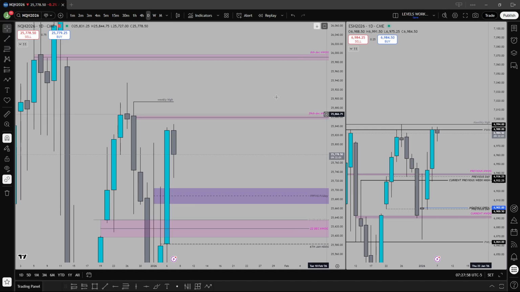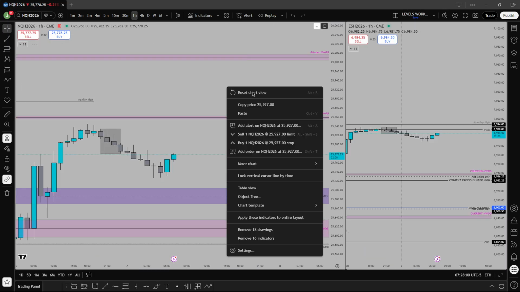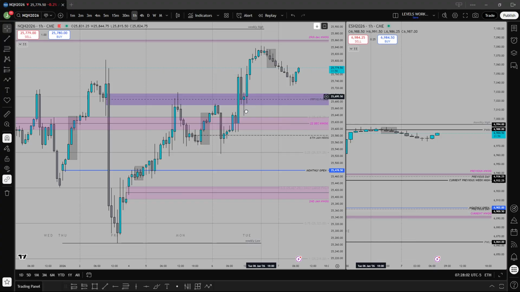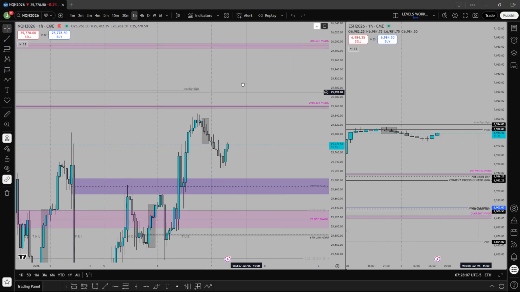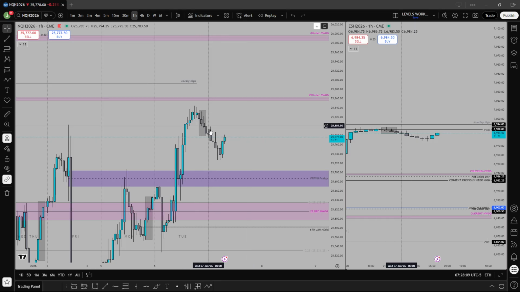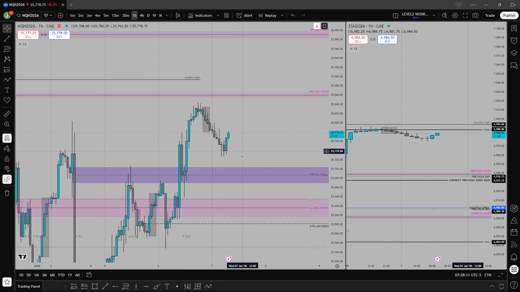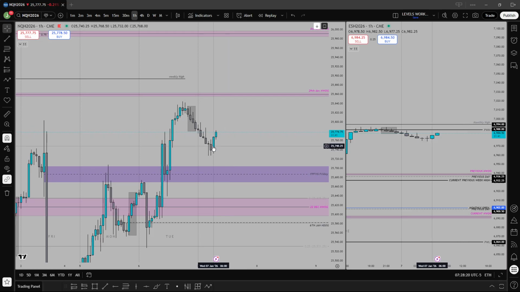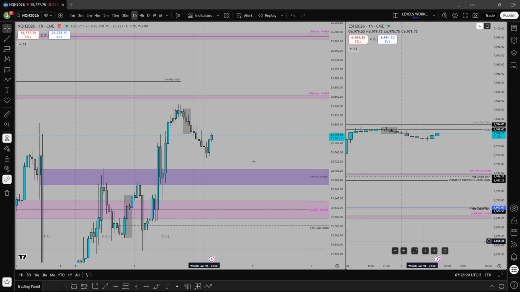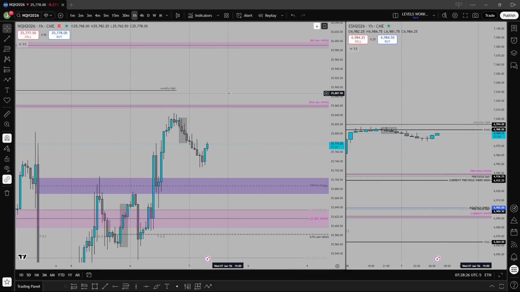What could my targets be? First of all, I think we're heading towards the weekly high. I do like this move down, but I was expecting something much more violent after 7 a.m. But we do have news at 8:15 something, and of course at 8:30 the embargo lifts.